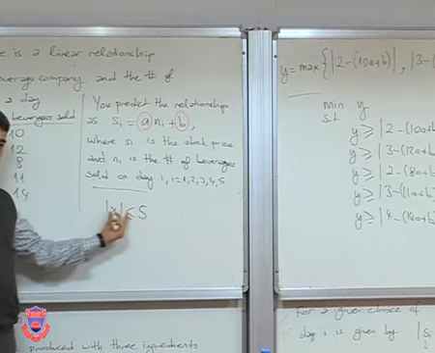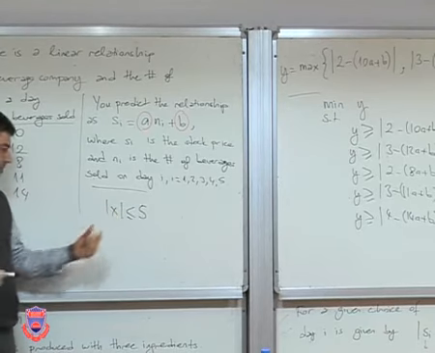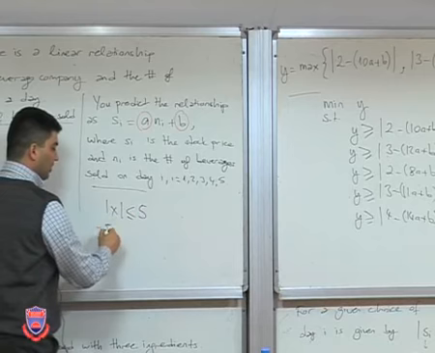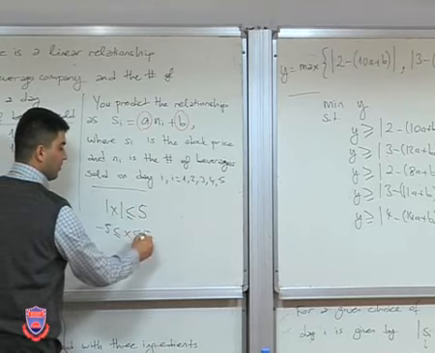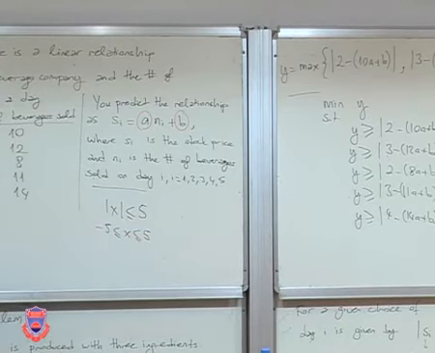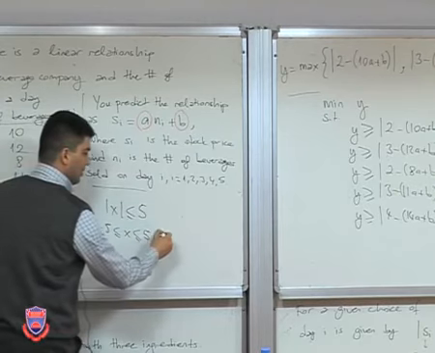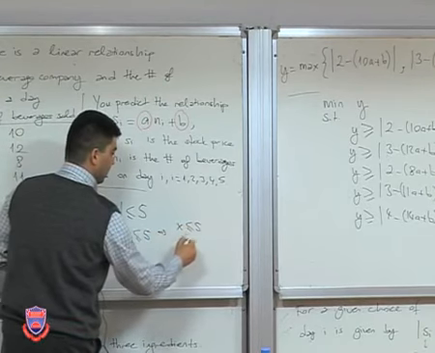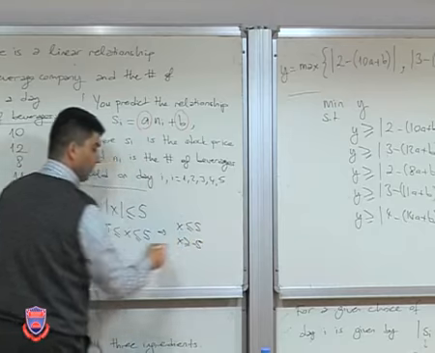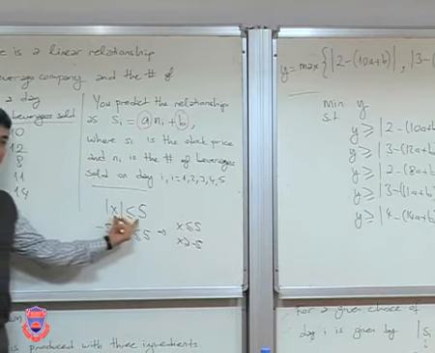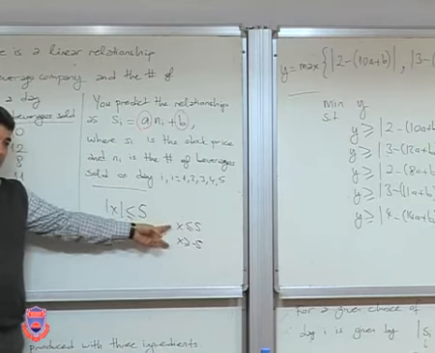So how can I write this in a different way? x should be between minus 5 and plus 5, right? Then I can write this as x is less than or equal to 5, and x is greater than or equal to minus 5. Well, the absolute value is not an LP constraint, but these are LP constraints.